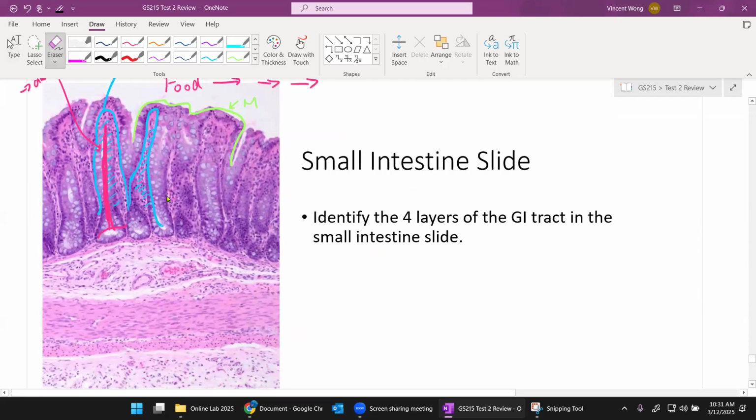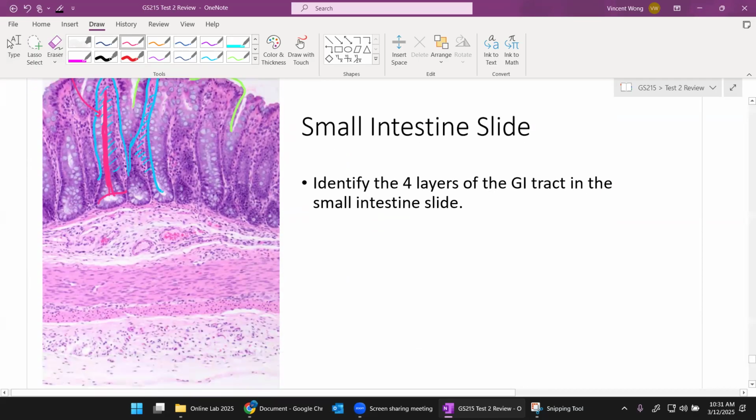And over here you have the muscularis. Actually, all the way out here, that's the muscularis. The submucosa actually also includes this.